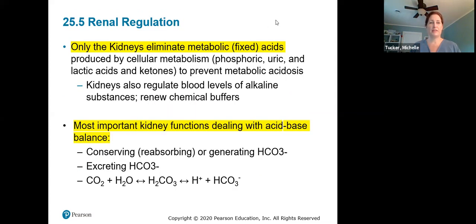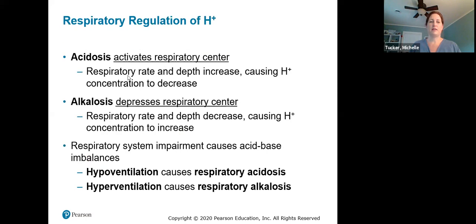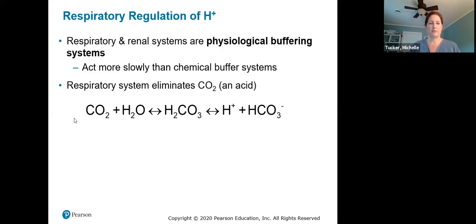We are now going to discuss renal regulation. Renal regulation is very important because only the kidneys can eliminate metabolic acids. In respiratory regulation, we eliminate CO2, which does affect pH through this equation. However, we aren't directly excreting hydrogen ions.